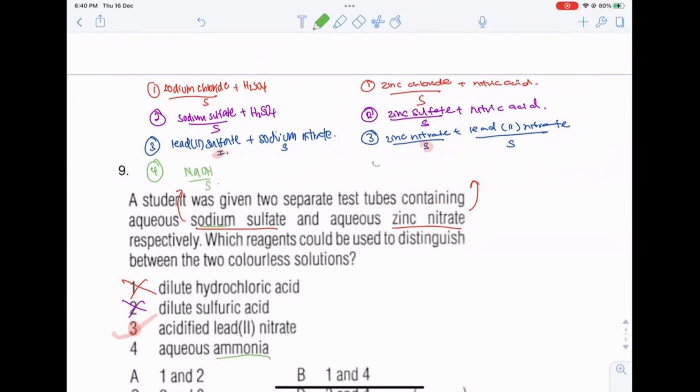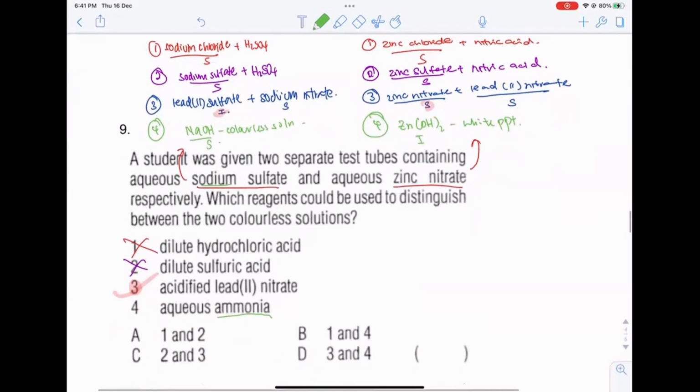Soluble, okay? And then zinc, you will get white precipitate. Sorry, zinc hydroxide first. White precipitate, so insoluble. This is a colorless solution. So immediately you have a contrast ready. You don't even need to talk about excess or not. So 3 and 4, so the answer is D.